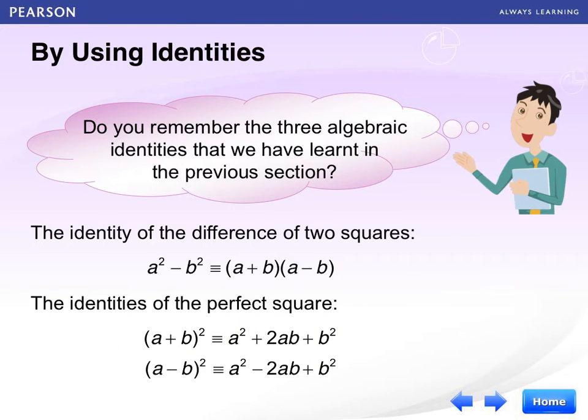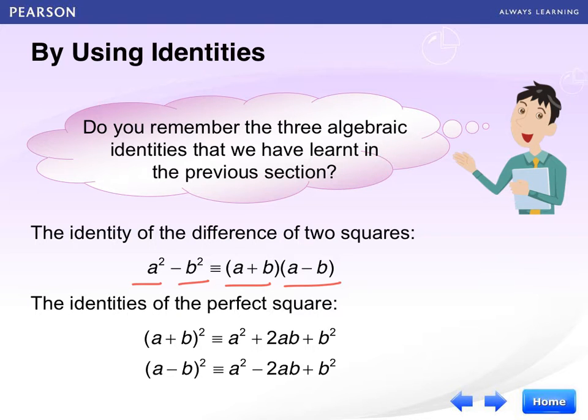Let's revise. We have learned 3 identities. One is a squared minus b squared, the difference of 2 squares: a plus b times a minus b becomes a squared minus b squared.